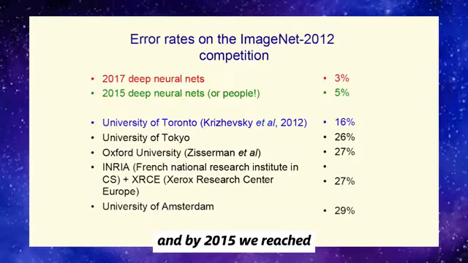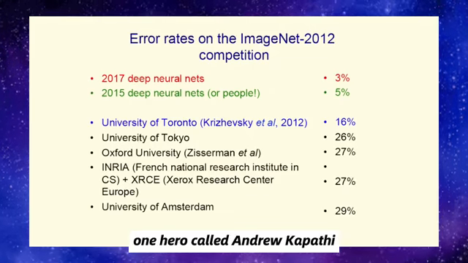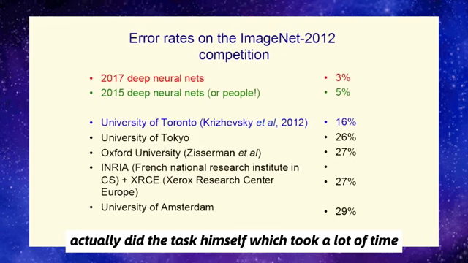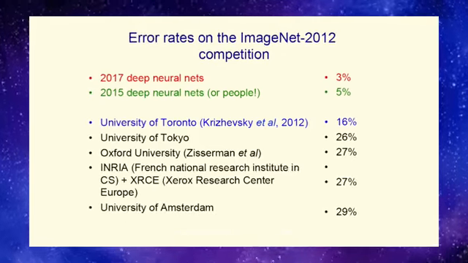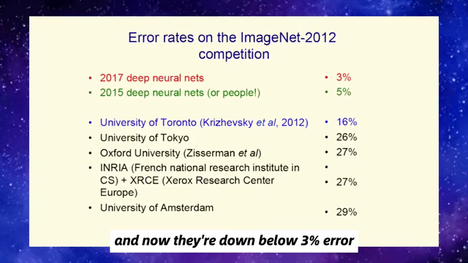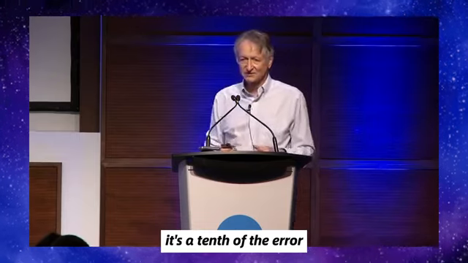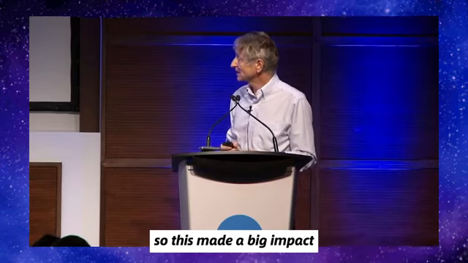And by 2015, on that data set, people had reached human levels. One hero called Andrej Karpathy actually did the task himself, which took a lot of time, and got 5% error. And now they're down below 3% error. And so it's 1/10 of the error rate of the previous computer vision systems. So this made a big impact.